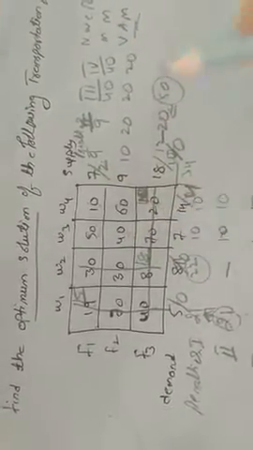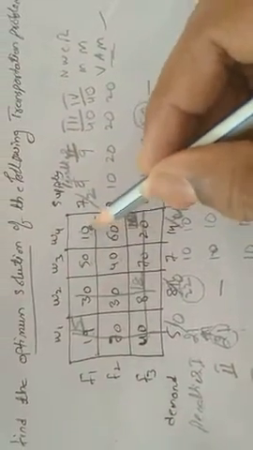This one we already eliminated, no need. Here also eliminated, no need. Next one, 50 minus 40, 10 is there. Here also 60 minus 10, 50 is there. Which is the largest penalty element? 40, 20, 10, 50. 50 is there.